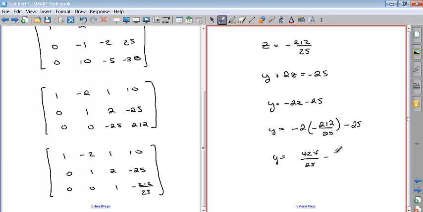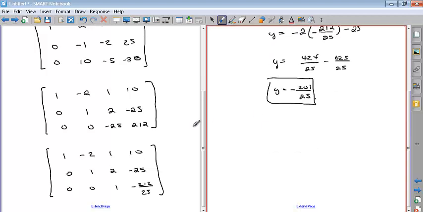So this 25 becomes 625 over 25. And then I add the numerators together. 424 plus a negative 625 is negative 201 over 25. So now that's my Y solution. So here's my Z solution. Here's my Y solution.